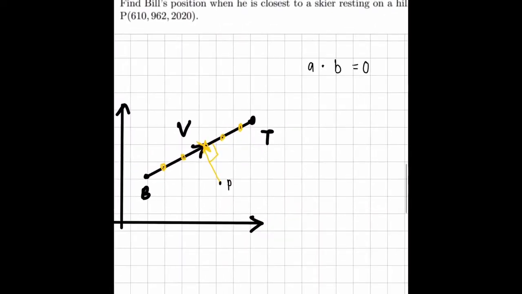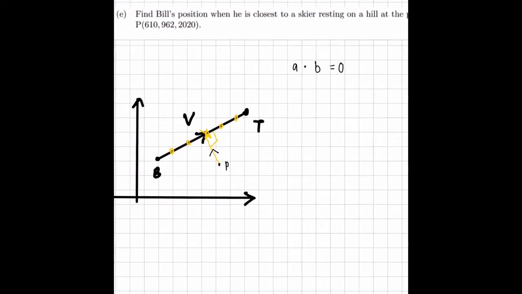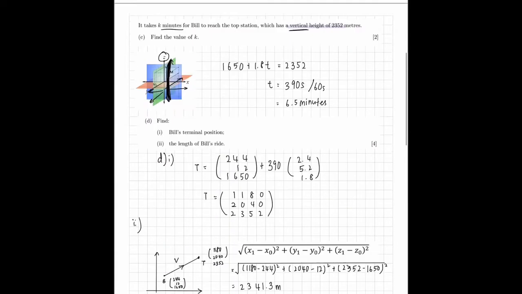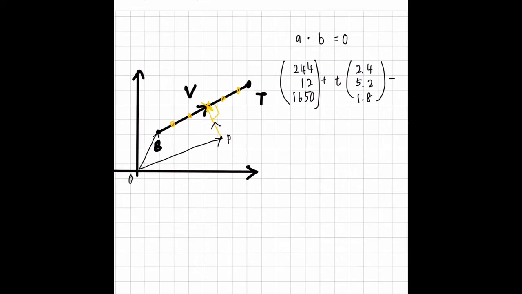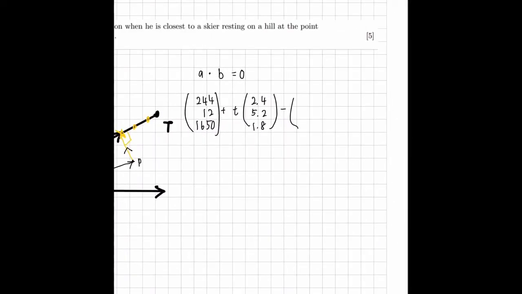Our A will be this line over here, which we need to find. We can find it by taking the final vector minus the initial vector, so the vector equation of BT minus OP. The BT equation is the one that they give in the question: (2 4 4 1 2, 1 6 5 0) plus t times the velocity vector, minus the vector OP, which is basically the P coordinate.